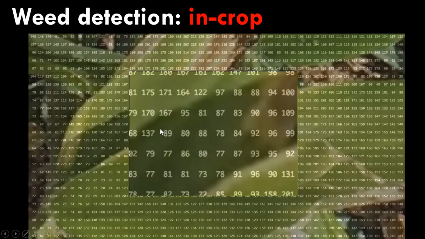And what we can then do is calculate things like edges or different types of features that are in each of those images. So if I zoom in on a part here, you can see that the darker area has lower numbers and the brighter area has high numbers, because that represents the intensity of the light that's being intercepted by the camera sensor.